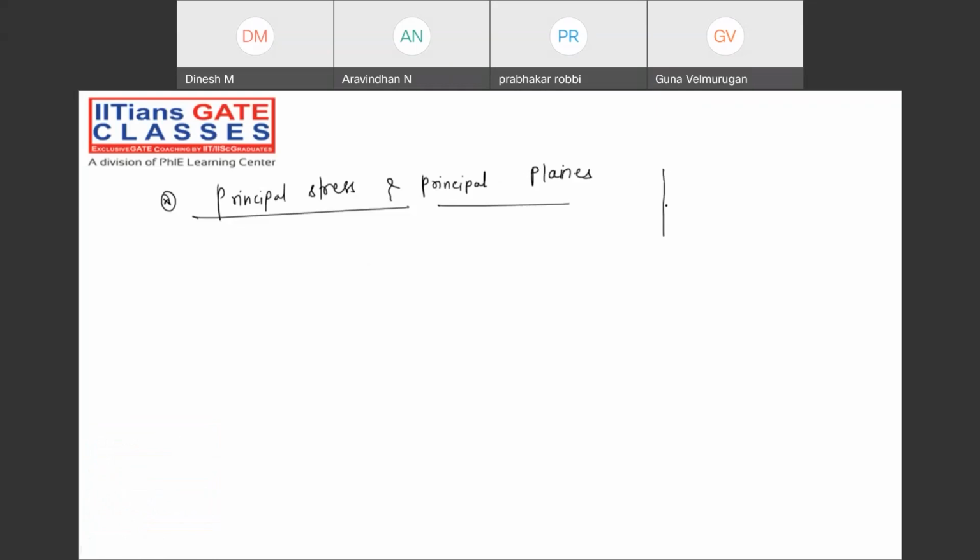Suppose you have taken the plane at an angle theta. There is one theta star where you will find the maximum normal stress. There will not be any shear stress on that plane.